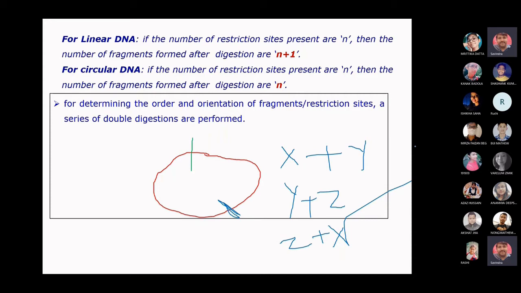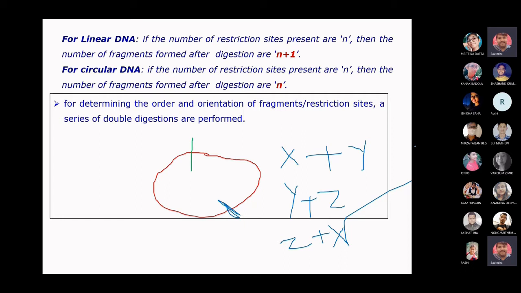So if you double digest it, then you will get to know that yes, X and Z both have restriction sites on this plasmid DNA, and both the sites are separate from each other, whereas Y doesn't have any site. So with this simple example, you can see that if you digest only a single time, you are not able to identify whether it has any site or not.